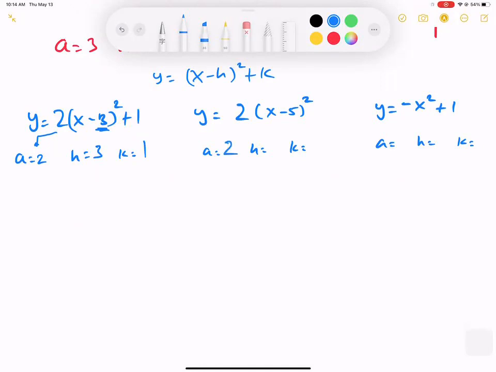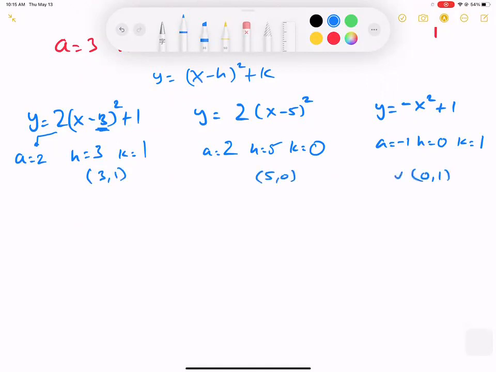Do we have a k? So we do have an h, that's going to be positive 5, and the k is nothing out there, so that's going to be a free 0 for us. The last one here, do we have an h? We don't, because we don't have a parentheses. That's going to be a 0 for us, and our k is 1, and a is going to be negative 1. Knowing these 3 characteristics, you can start your graph in a matter of seconds.